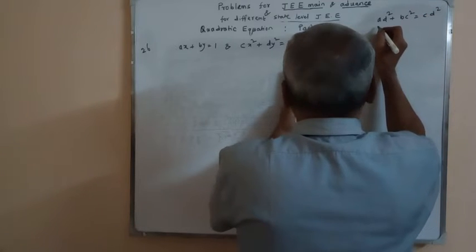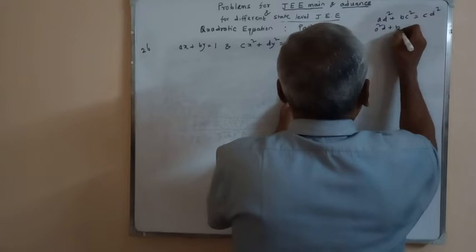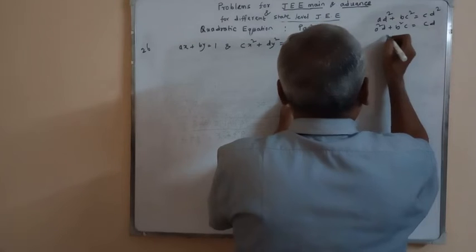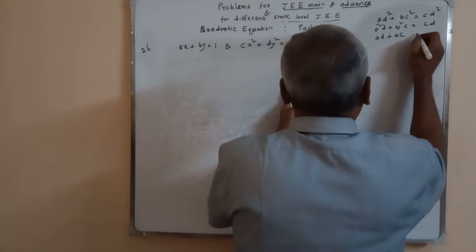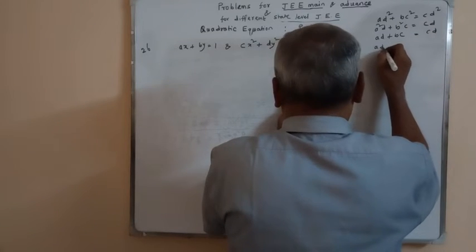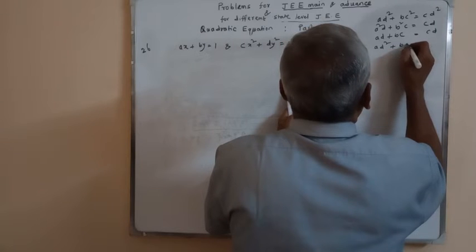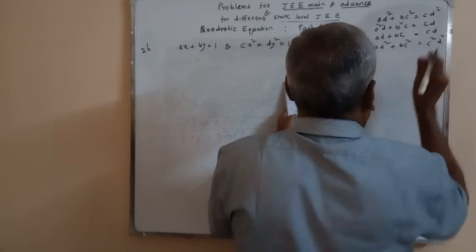Number 2, a square d plus b square c is equal to cd. Number 3, AD plus BC is equal to CD. Number 4, AD square plus BC square is equal to C square D square.